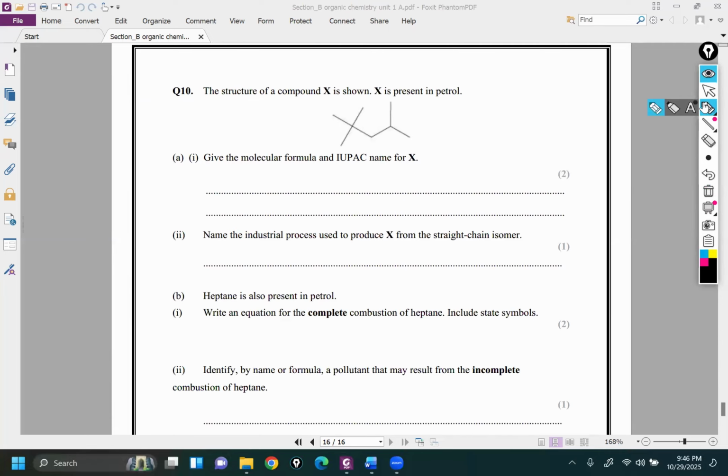Question 10, the structure of a compound X is shown. X is present in petrol. Again, this is the same thing as before, but in another form: 1, 2, 3, 4, and 5, 2, 2, 4 trimethylpentane.